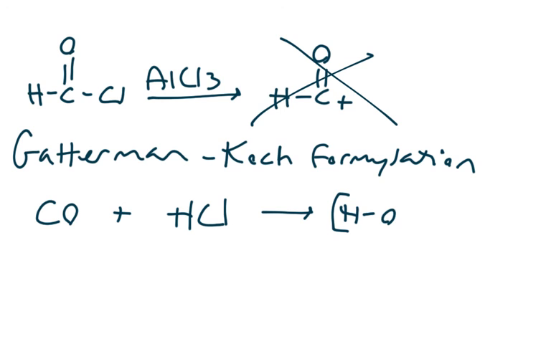That's not the right way to draw it. So this is like an unstable intermediate. And then this, the benzene can attack, and then we can introduce a base in the end and finish up our reaction, and we can get benzaldehyde, which is benzene with an aldehyde.